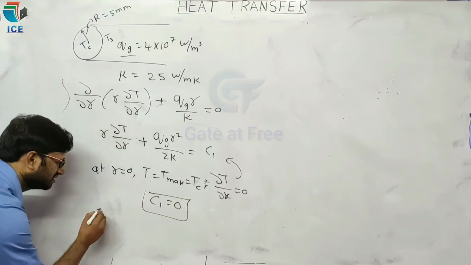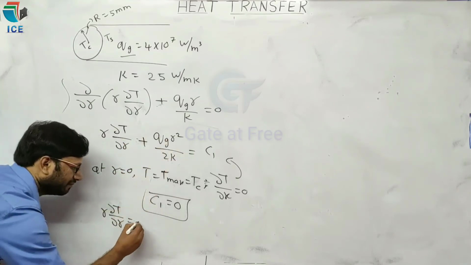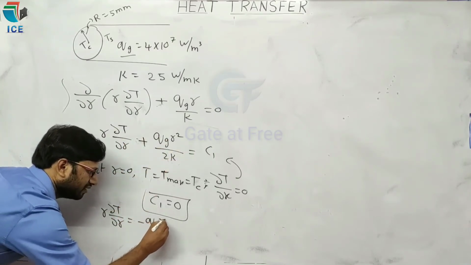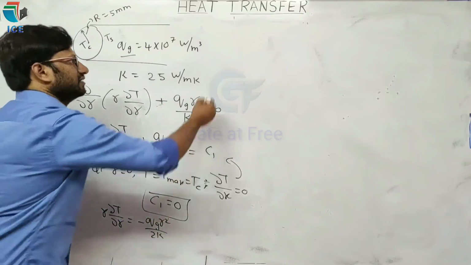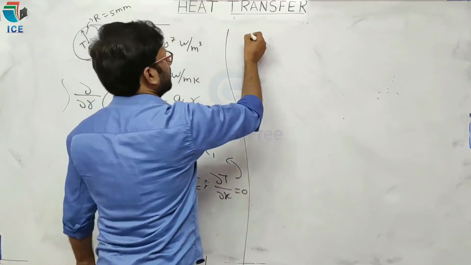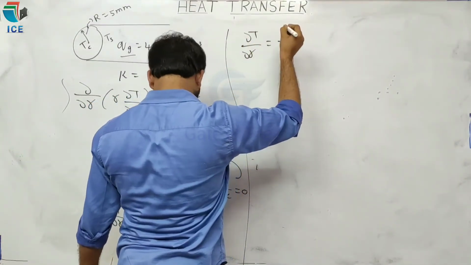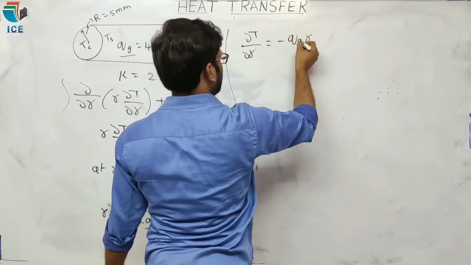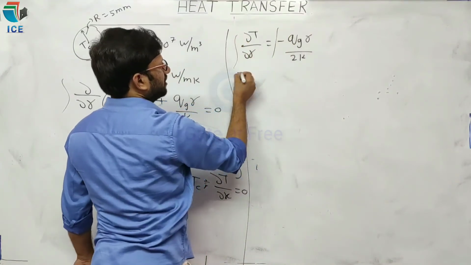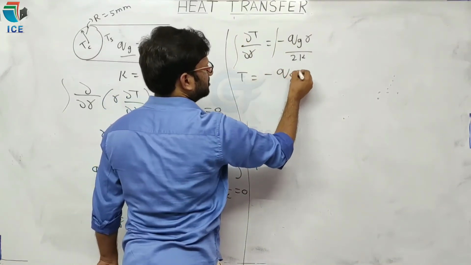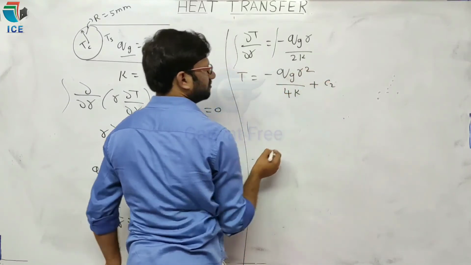Therefore, now the equation is r dou T by dou r equals minus Qg r square by 2k. Now r cancels, so dou T by dou r is equal to minus Qg r by 2k. Now again integrate on both sides. T equal to minus Qg r square by 4k plus C2.